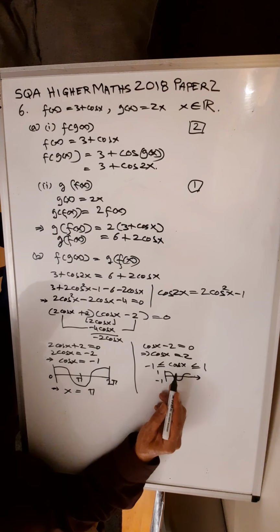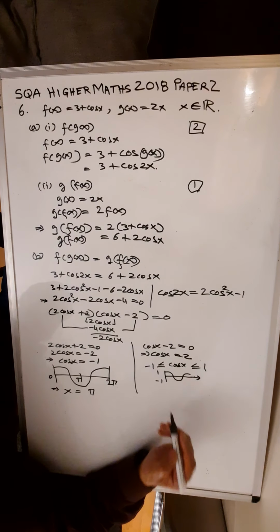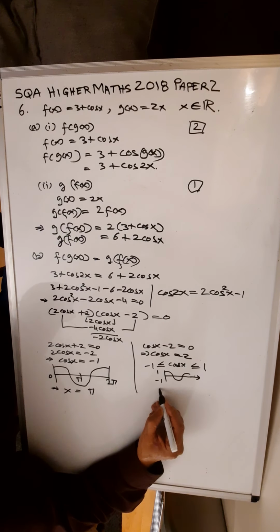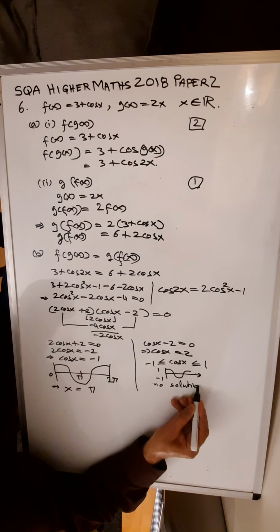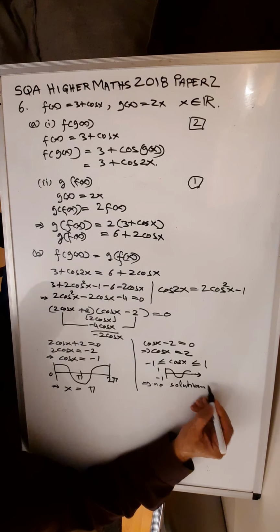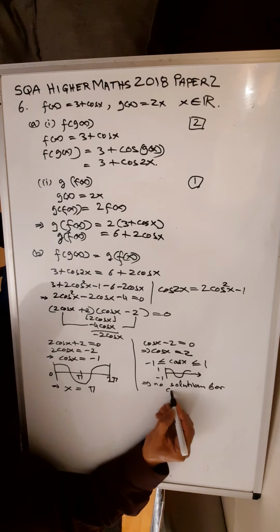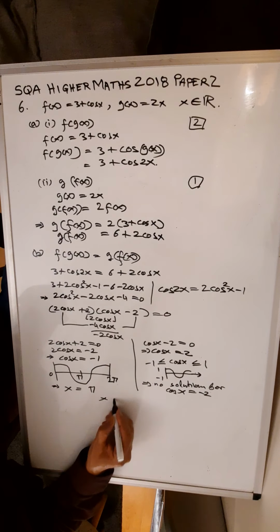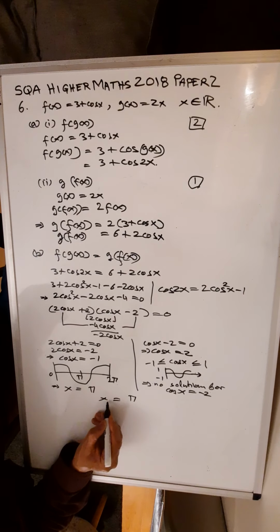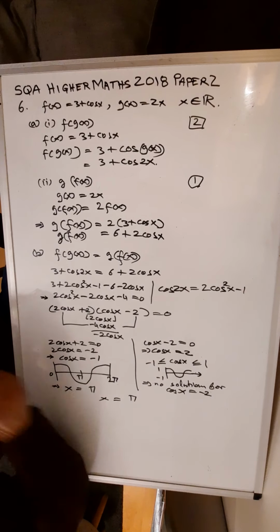So there is no solution for cos x equals 2. So x is equal to pi is the only solution. And this is for 6 marks.